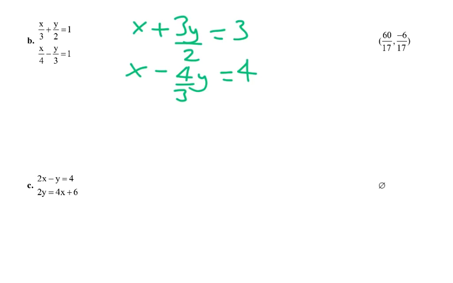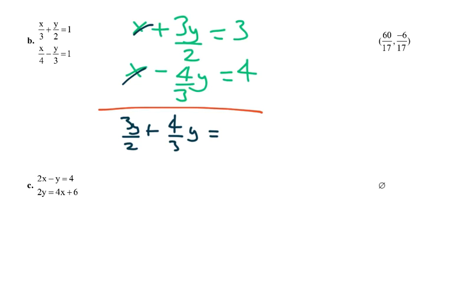minus 4 over 3 y equals 4. And now, if I subtract the second equation from the first equation, I get 0 here, and then I get 3y over 2 minus minus, so plus 4y over 3, equals minus 1.